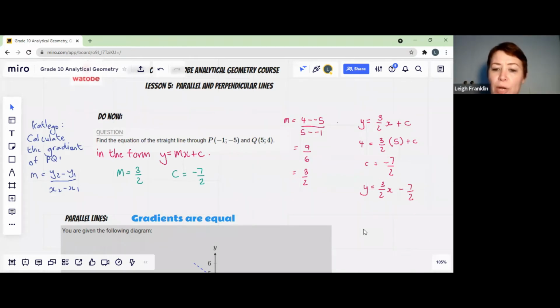Did you manage to work out the gradient? Shame, guys, you were quiet last week and you're even quieter this week. Did anybody manage to calculate the gradient?